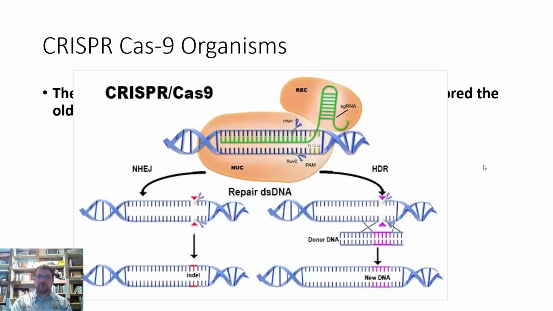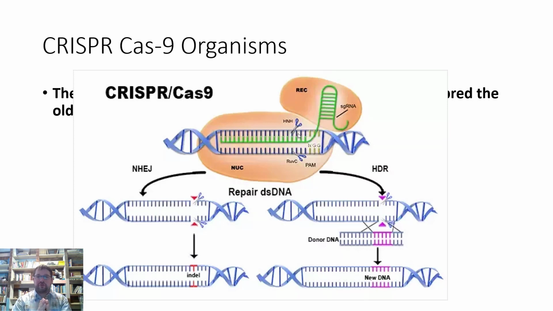What I'm showing you here is that the DNA from a foreign body will come in, and CRISPR has these little cutting mechanisms, enzymes that will cut the DNA and remove it, and then replace it with DNA that is deemed good, I guess.